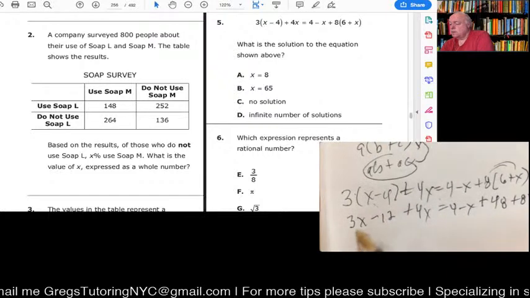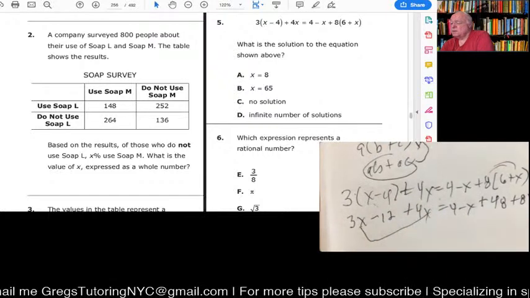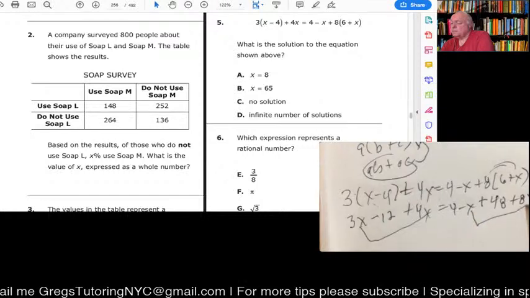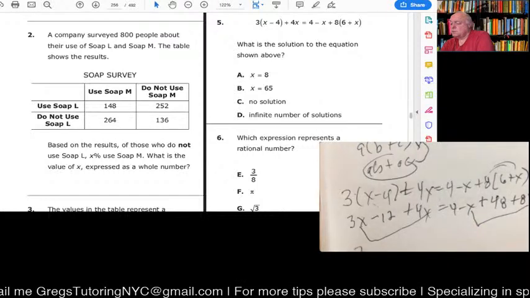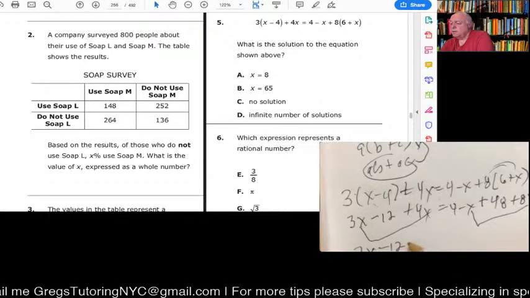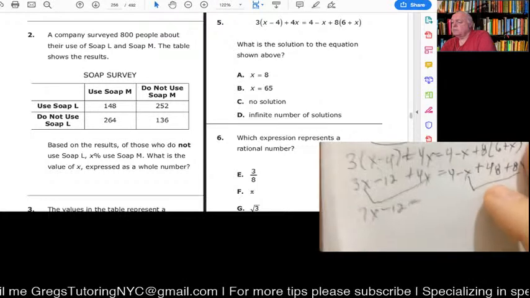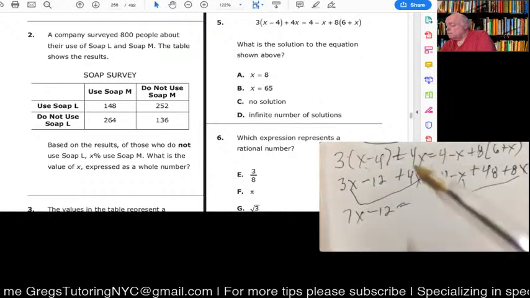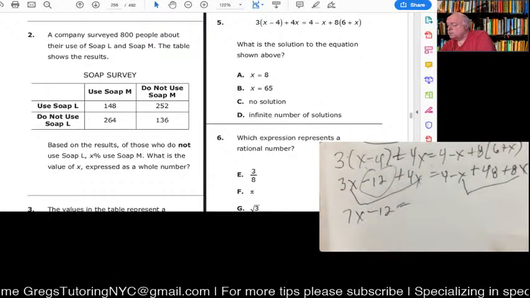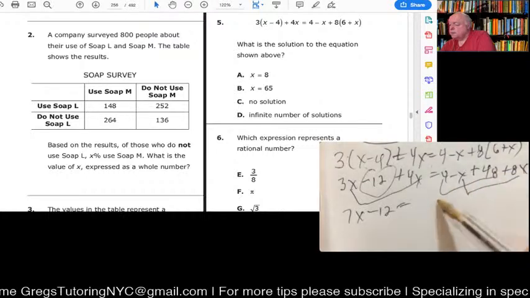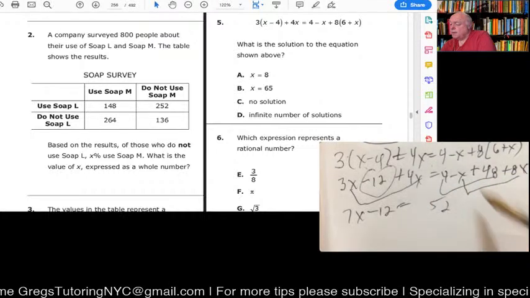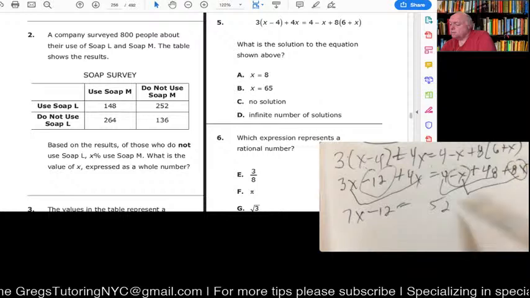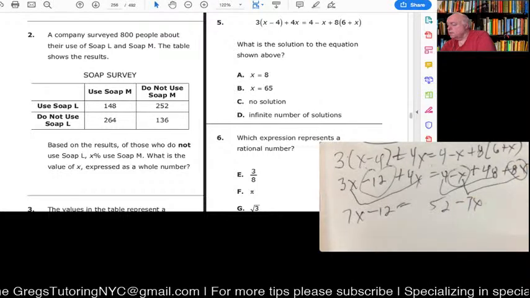So what we're going to do is combine like terms. So we get 7x minus 12 equals, that was the only constant here, so we're going to combine these two. We're going to get 52, and then we have minus x and 8x, minus 7x.